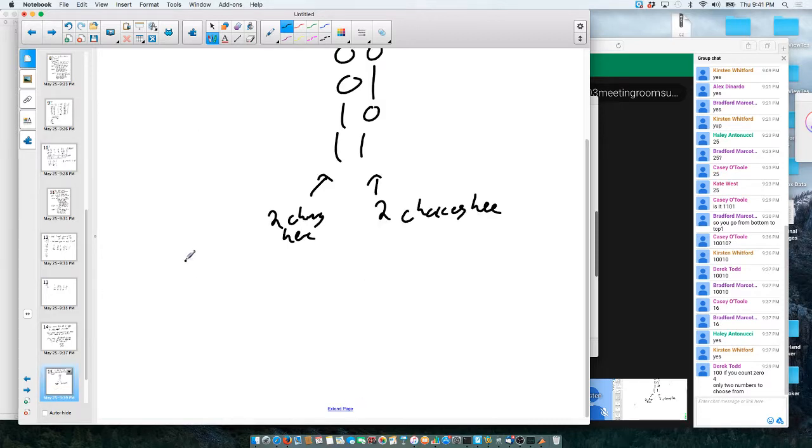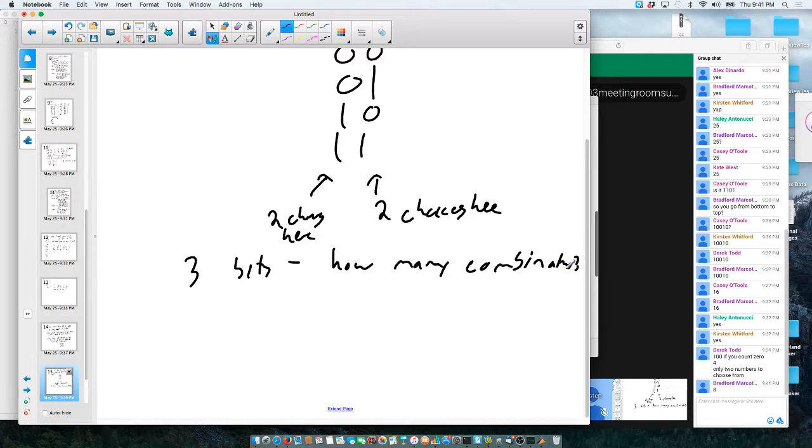If I go to 3 bits, how many combinations? With 3 bits, 8. Because one way to think about it is it's 2 times 2 times a third column of 2.